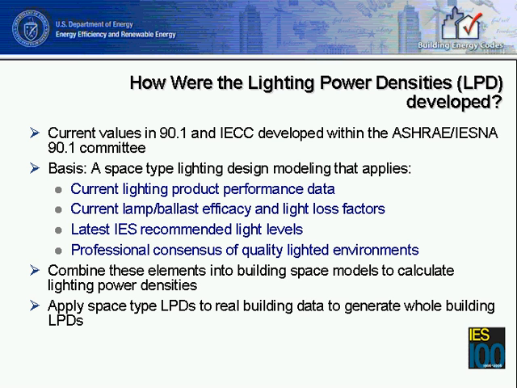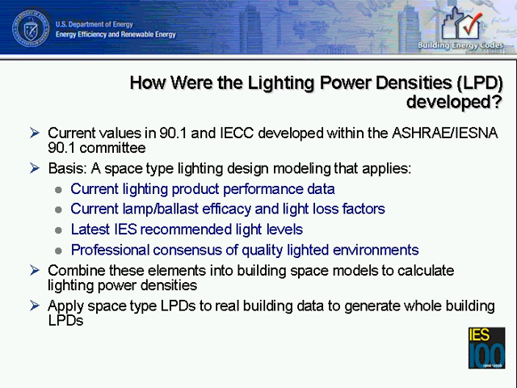A little more detail on how these were developed, so people can understand where these lighting power densities come from. The current values were developed within the IESNA 90.1 committee with support and input from the IESNA Energy Management Committee. They have a basis in 4 basic items: current lighting products performance data, lamp ballast efficacy, the latest IES light level recommendations, and some professional consensus to make sure that the models represent current practice.